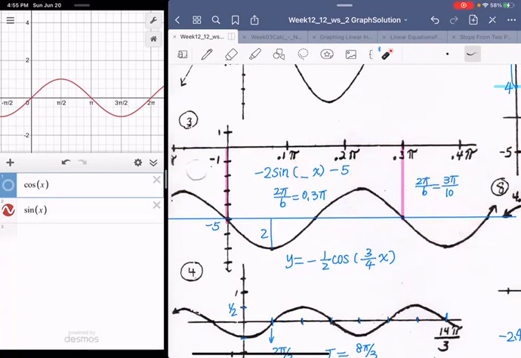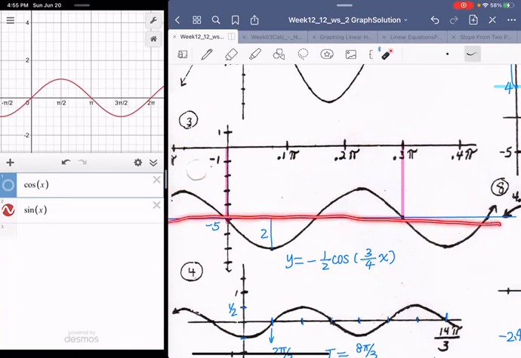Does this make sense to you? Yeah. Now, can you please repeat what I showed you just now? Go ahead. So the midline is -5. So that means the vertical translation is -5.